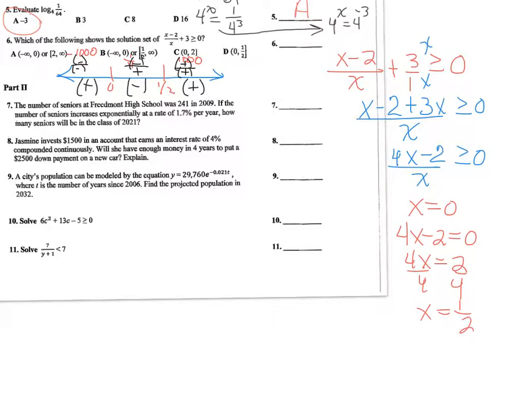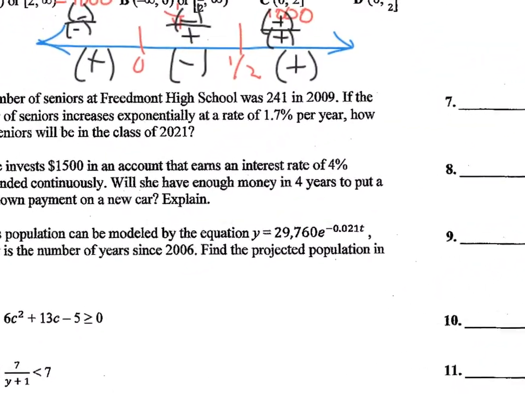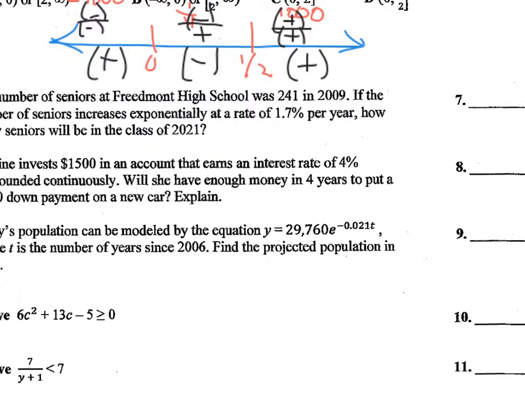So for that, let me move it over here, make it a little bigger. So the formula should be the population, the initial amount of students is 241, and then e raised to the rate, and the rate in decimal would be 0.17, and then how many years is from 2009 to 2021?